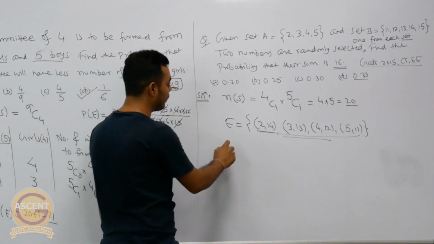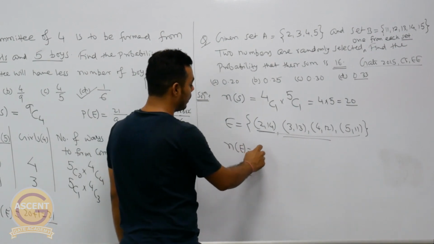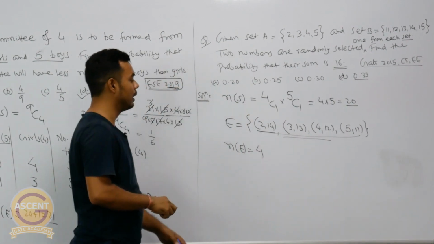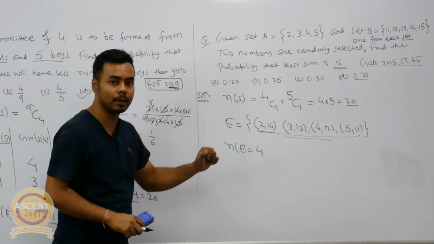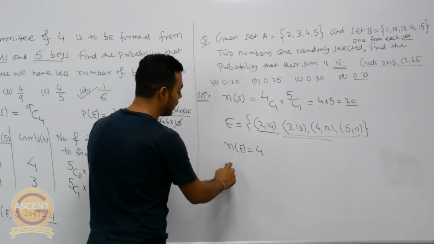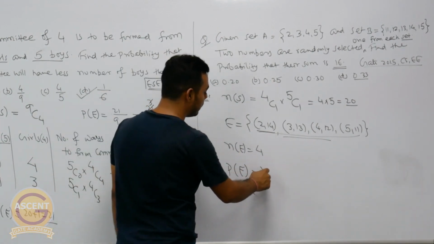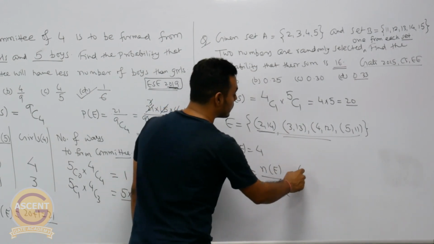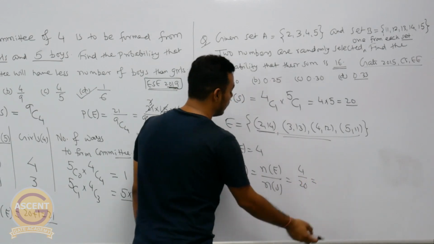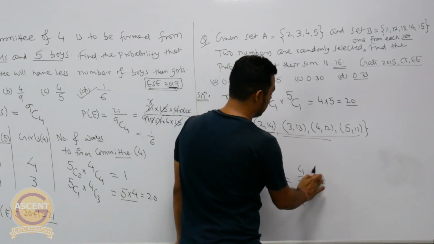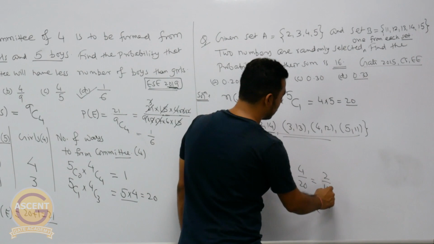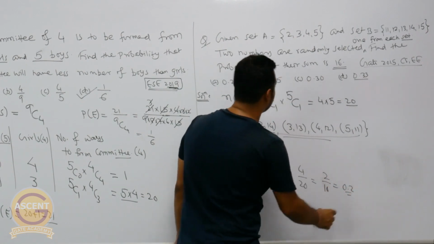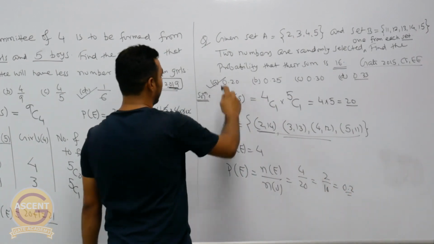So number of favorable cases is 4. Total number of cases is 20, out of which 4 is the number of favorable cases. So the probability that sum of the 2 numbers will be 16 will be simply number of favorable cases divided by total number of cases. So this will be 4 by 20, which is 2 by 10, which is 0.2. So the correct answer for this question is option A.